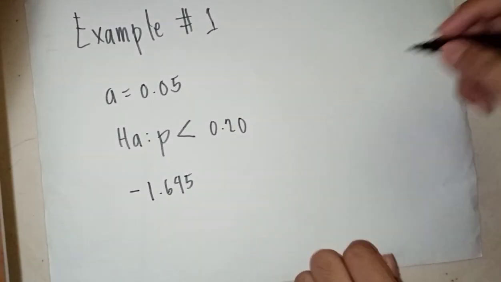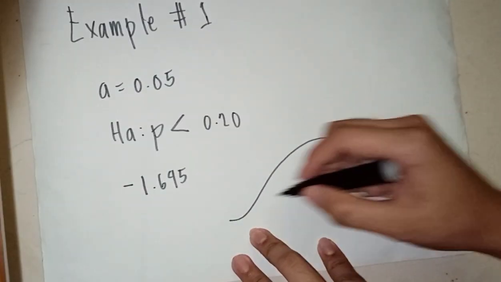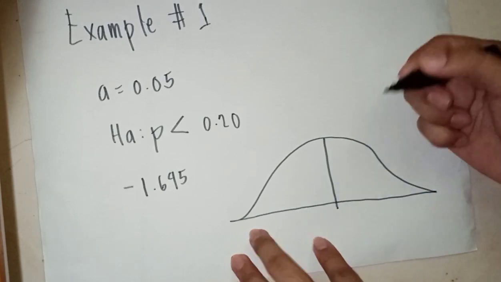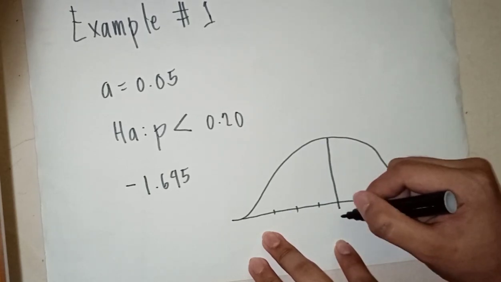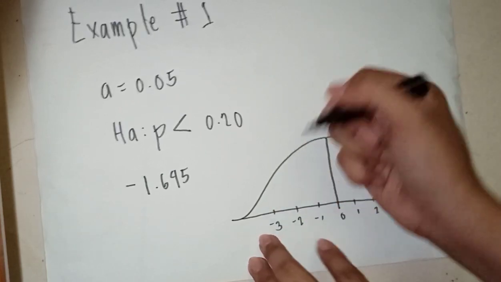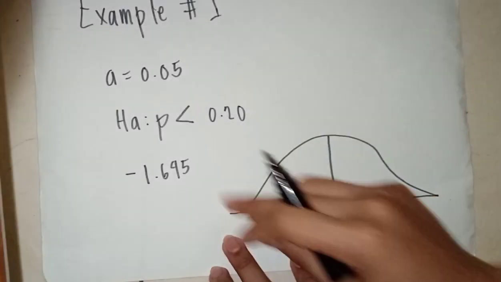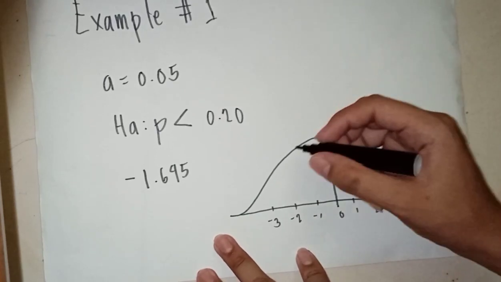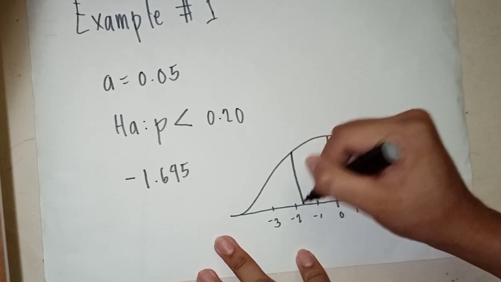You need to illustrate the rejection region in the normal curve. Here we will plot it. Our critical value is negative 1.645, so here we will place it: negative 1.645.